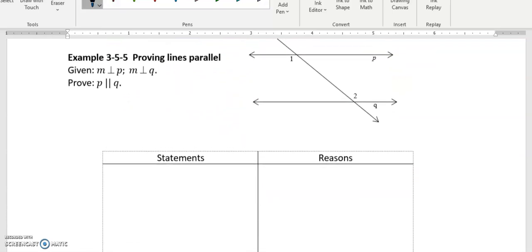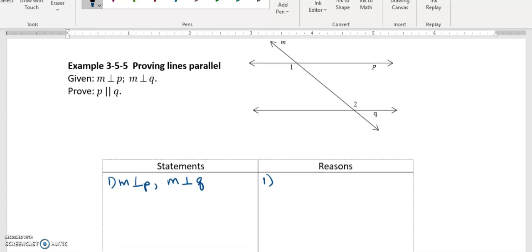Okay, here we are given that line M is perpendicular to line P and line M is perpendicular to line Q. Okay, but the picture is definitely not to scale. So from this information on the previous line, that tells us that the measure of angle 1 is 90 degrees and the measure of angle 2 is 90 degrees.